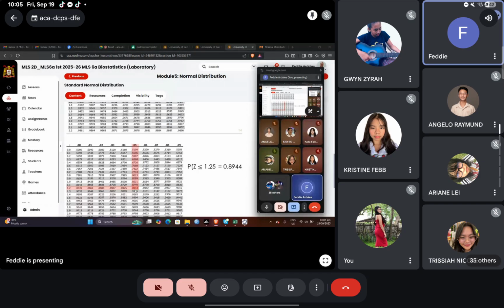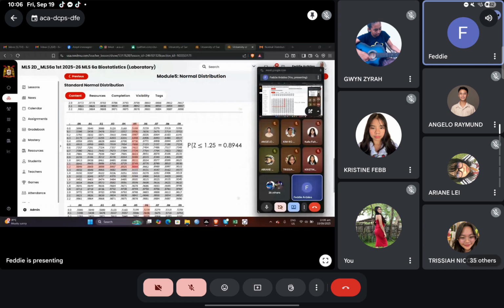So that is the area when z is less than 1.25. If it is greater than, let's say z is greater than 1.25, all you have to do is reverse: instead of 0.8944, it is 1 minus 0.8944.